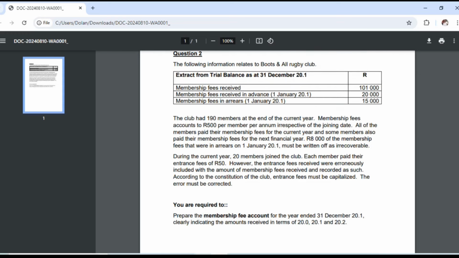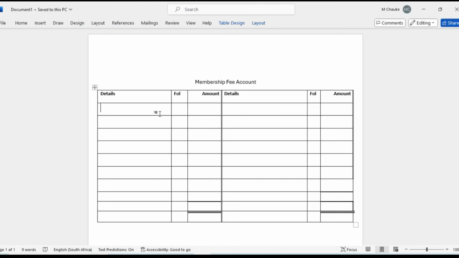Okay, so on the format, I'm just going to put amounts that are obvious, that are always there, that are always expected. Number one, on the debit side, we're going to have what we call accrued income for membership, accrued income at the beginning, brought down.